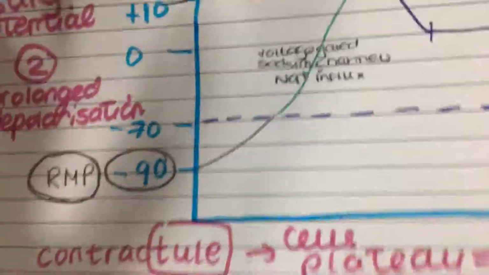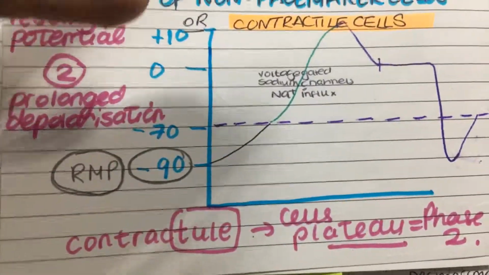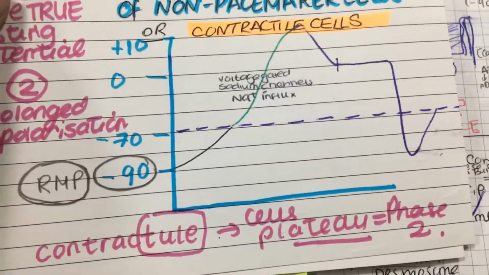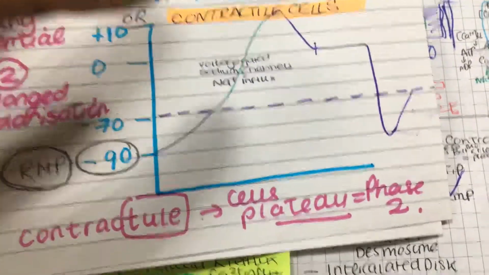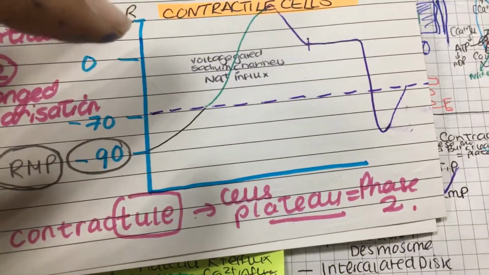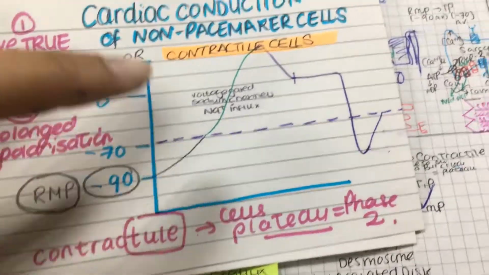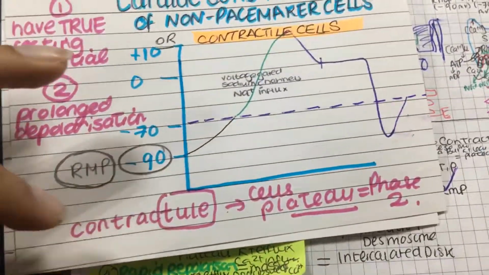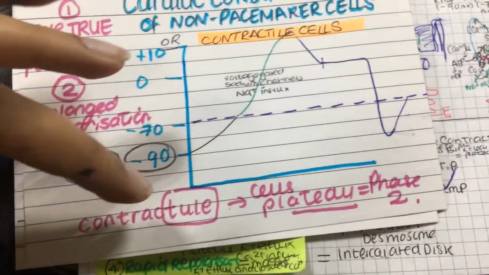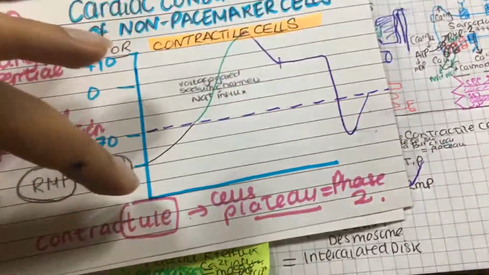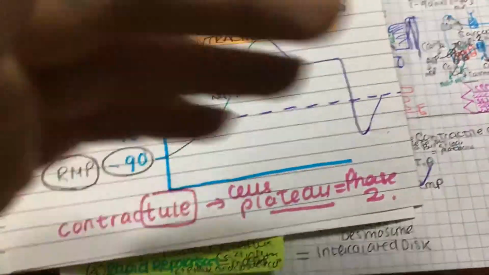Transfer of these cations can cause the Na plus channels to open and Na plus influx to occur. One thing I remember is, contractile, just think contractile. That reminds you of phase 2 being plateau.